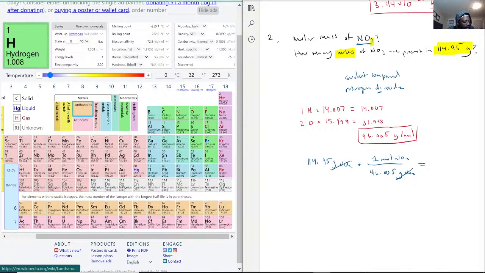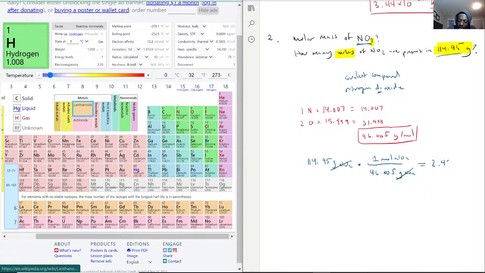114.95 divided by that, and we get 2.4, and we want to keep the same significant digits around there. And because this one had 5 in total, let's try to keep 5. So 1, 2, 3, 4, 5.